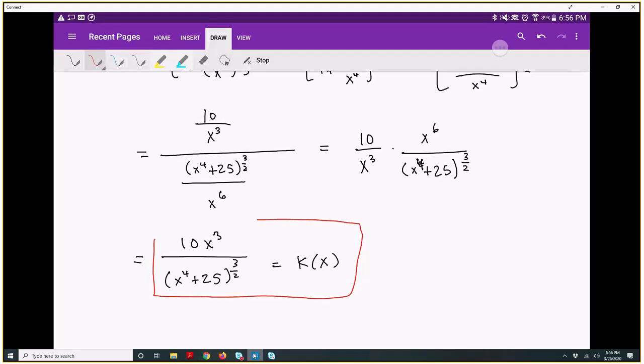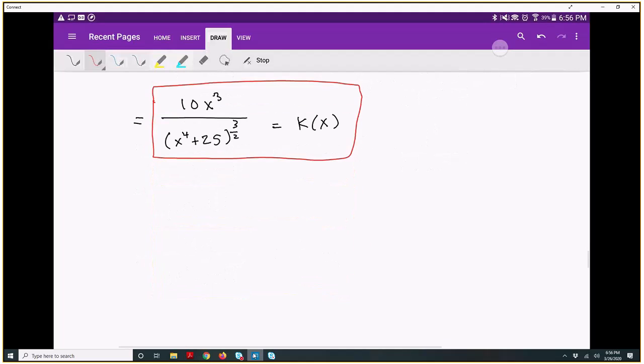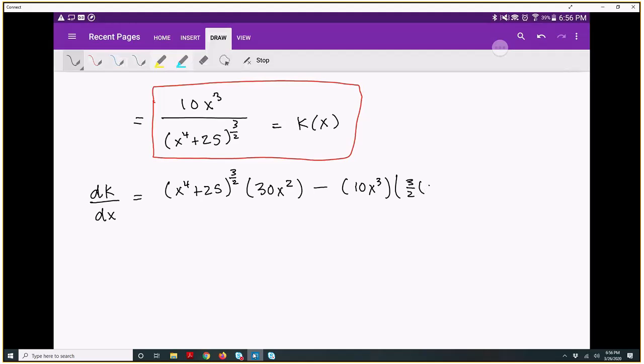And because the problem told us that we want to maximize k of x, we know that that means we need to take the derivative and set it equal to 0. So dk/dx is equal to x to the power 4 plus 25 whole to the power 3 over 2 times 30x squared minus 10x cubed times 3 over 2 times x to the power 4 plus 25 to the power 1/2 times 4x cubed.